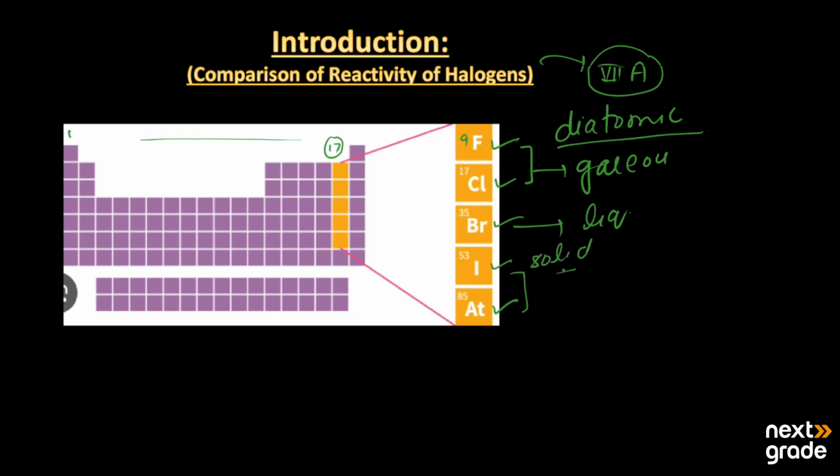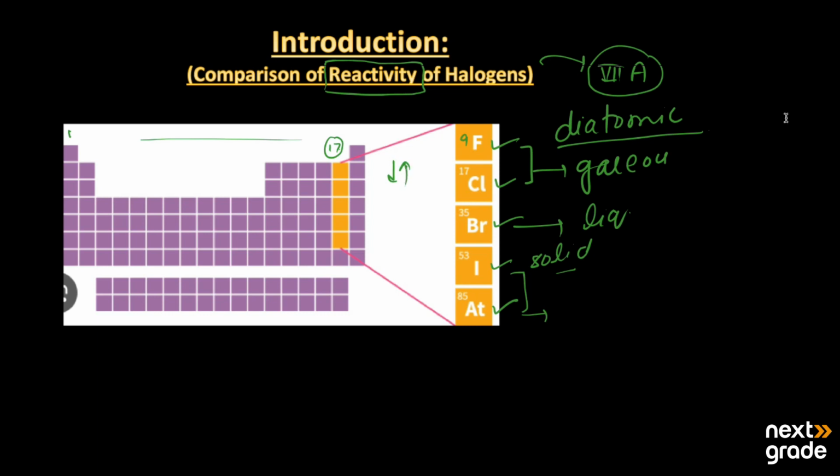The last one is astatine, which is very radioactive and rare, so it is not studied much. Now we will talk about their reactivity: how they react, which one is more reactive and which one is less reactive.